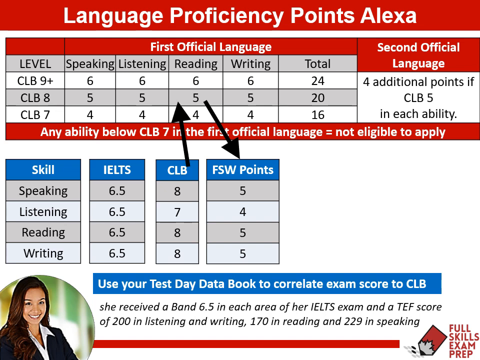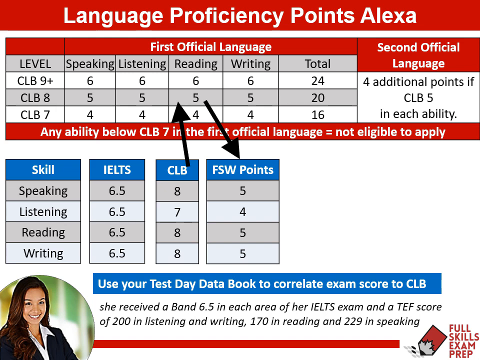With the Federal Skilled Worker points, we can add these up pretty easily now. She has 5 points in speaking in the Federal Skilled Worker point system for language. She gets 5 for reading and writing as well, because an IELTS score of 6.5 correlates to a CLB 8 in speaking, reading, and writing, which correlates to 5 points each in the Federal Skilled Worker Program.